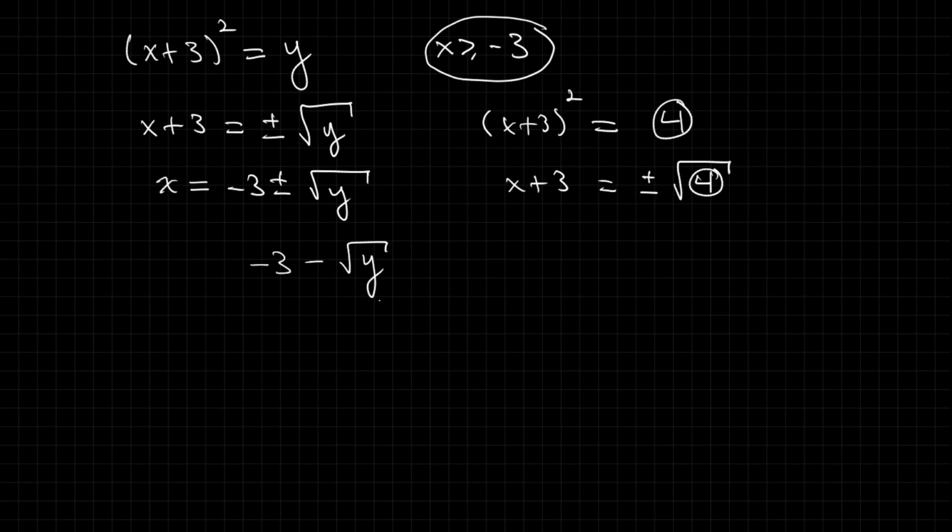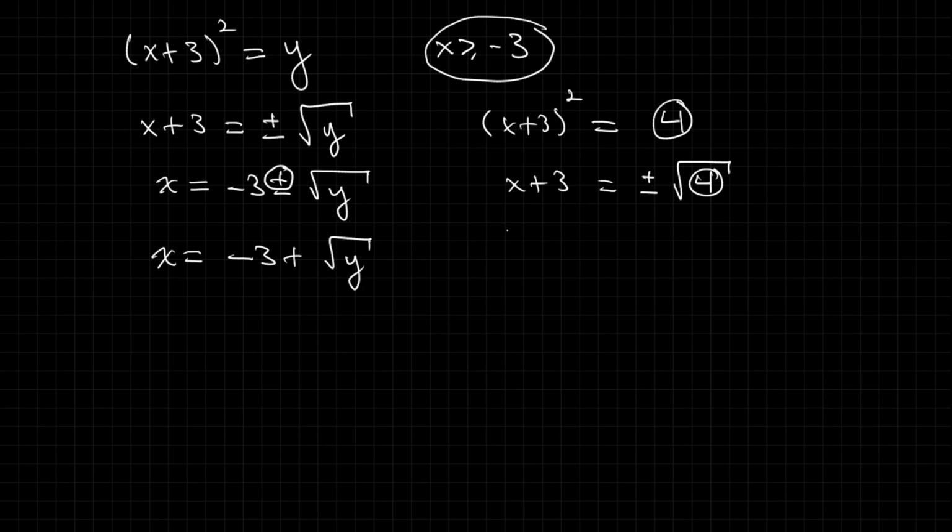For example, if y was 1, you'd get negative 3 minus the square root of 1, which is negative 4. That's less than negative 3, and x has to be bigger than or equal to negative 3. So because of that, we're going to go ahead and choose this plus, and we have that x is negative 3 plus the square root of y.